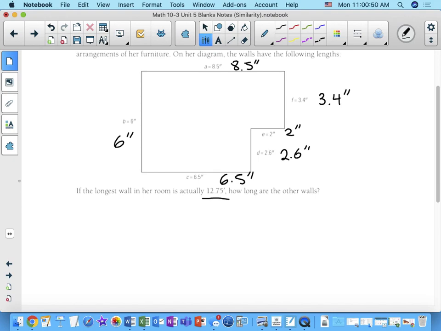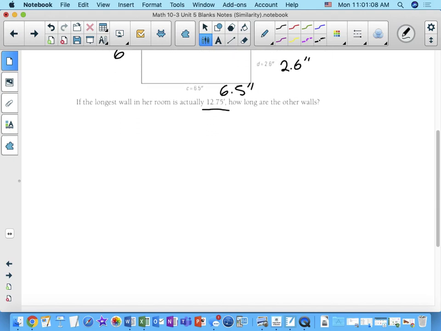Now, if we want to find all the others, if we know one set of proportions, then we can use that proportion to figure out all the other ones using proportional reasoning. So what we're going to do here, at least to get the ball rolling, is use proportional reasoning.